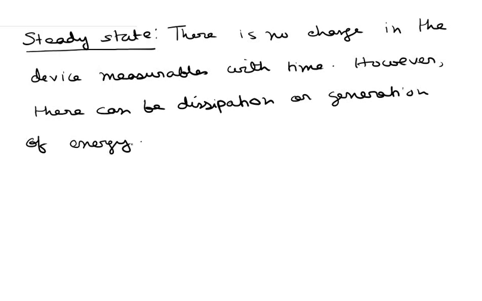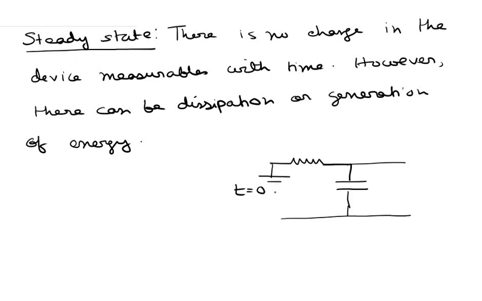Okay, so let us consider the case of a resistor capacitor combination. I am giving this just as an example. So if at t equal to 0, you suddenly apply a voltage across the capacitor, then the voltage across this capacitor is going to increase.